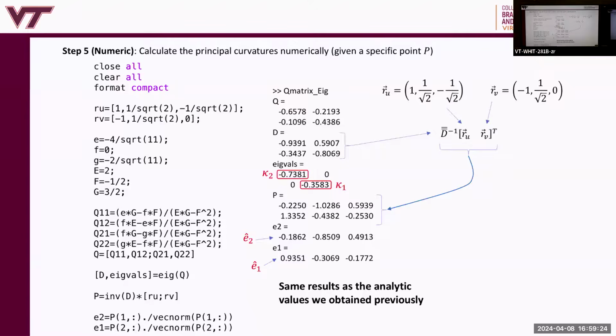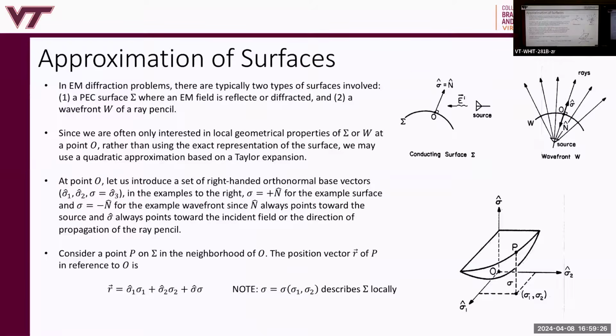Okay, that's it. One more thing, we've got to approximate surfaces. It's super important that you understand this, because all of our geometrical optics formulations are going to be framed in this framework, all right? So approximating a surface. We saw how to approximate curves before, right? Remember when we saw the curves, we had first, second, and third order approximations.